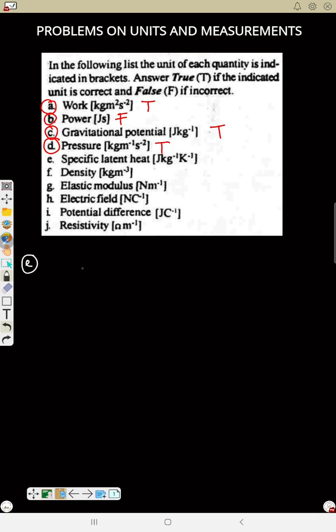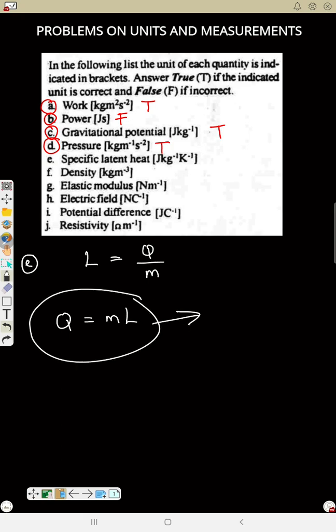The specific latent heat, we represent it as L, and we know that L is equal to Q over m, because Q is equal to mL, as you remember in latent heat. So L is Q over m.